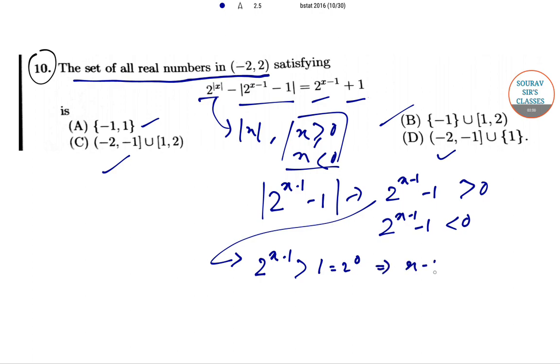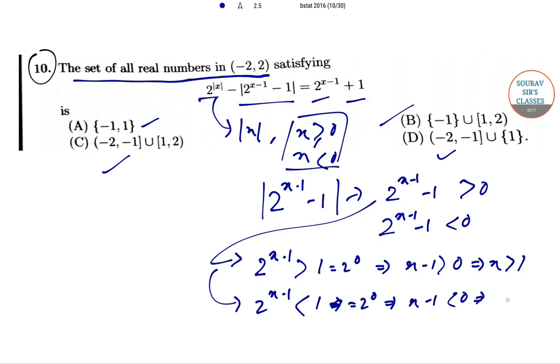This will give us that x minus 1 is greater than 0, so x is greater than 1. The second case is that 2 to the power x minus 1 is less than 1, which is 2 to the power 0, so x minus 1 is less than 0, and that gives us that x is less than 1.